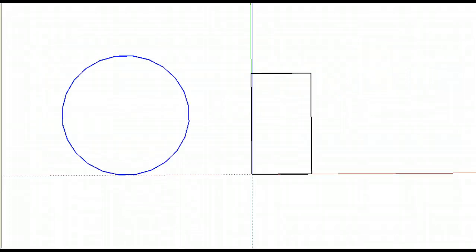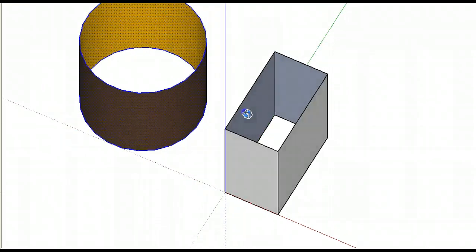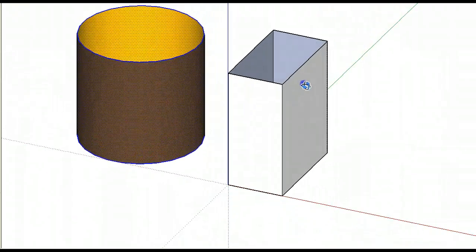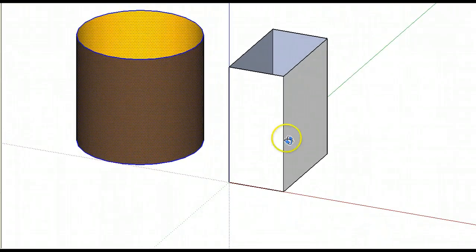I'm going to show you an illustration of what I'm talking about. If I have a circle or a rectangle, and I extend that circle or this rectangle into the third dimension, I end up with the sides of a prism. So the lateral area is the area of all of these faces added together.